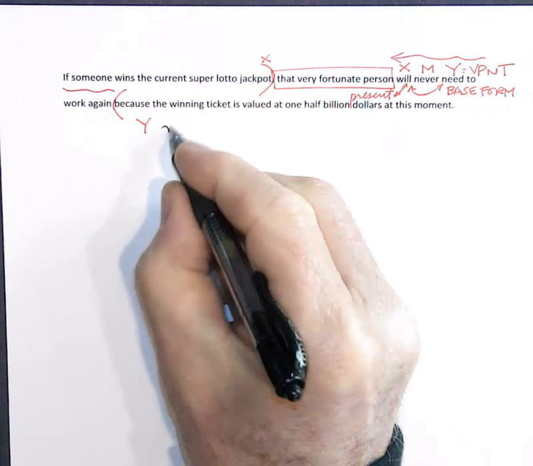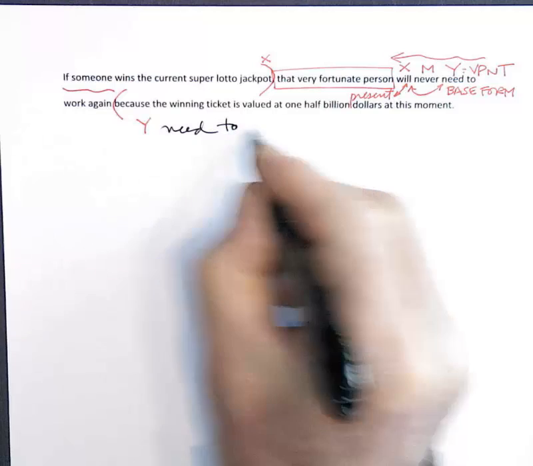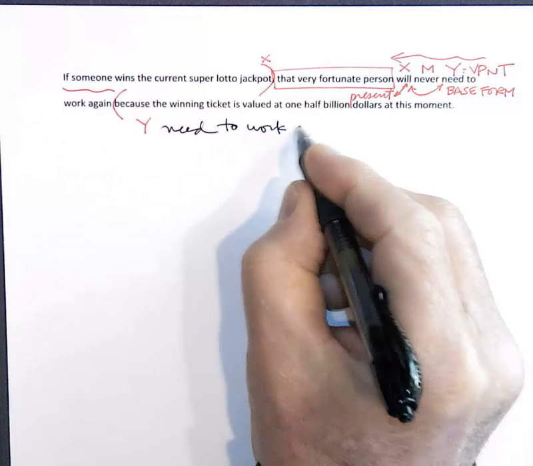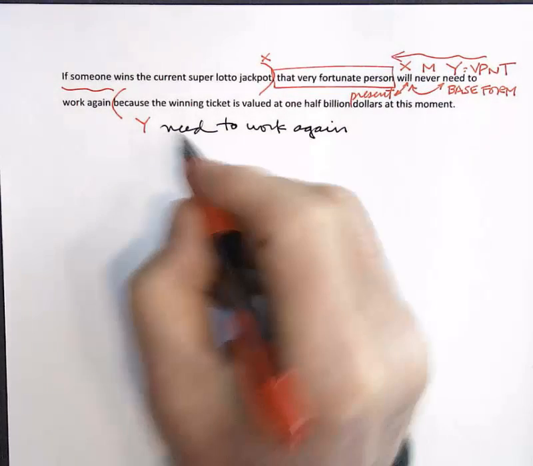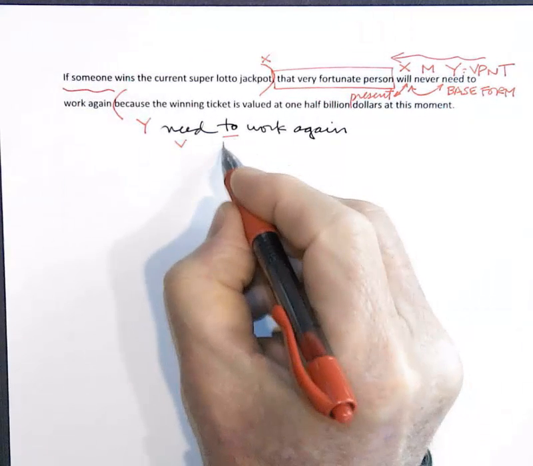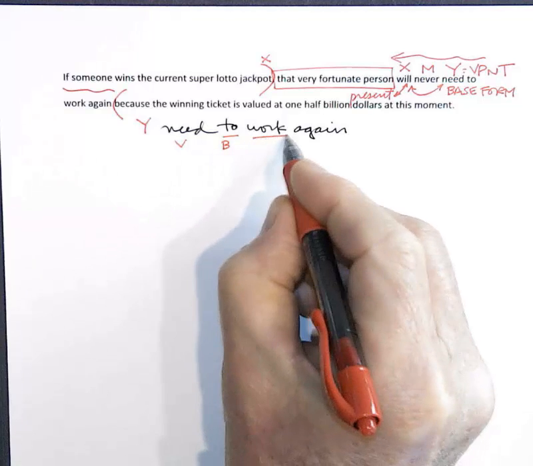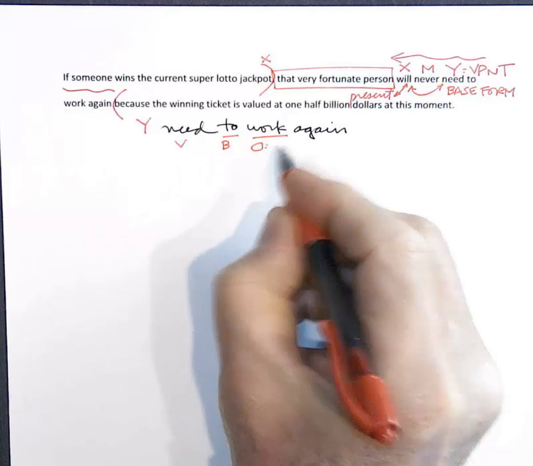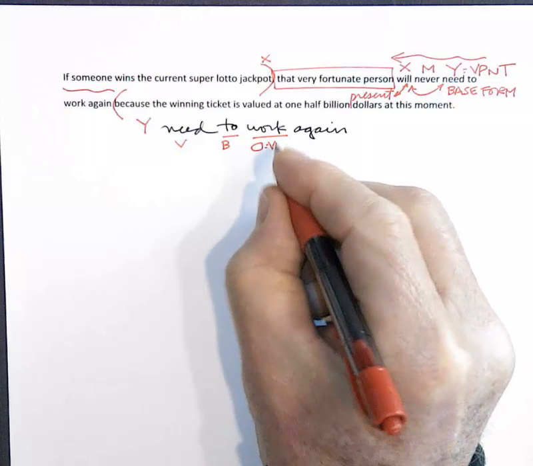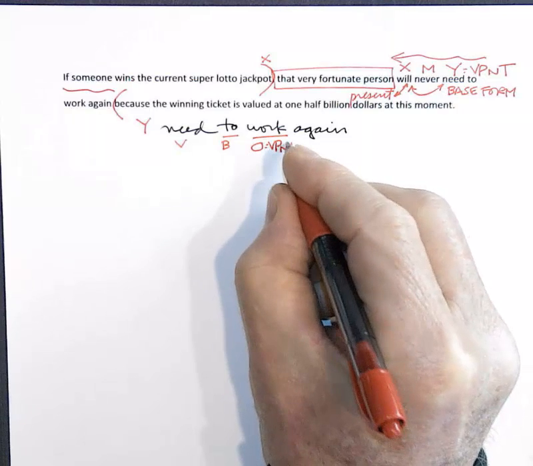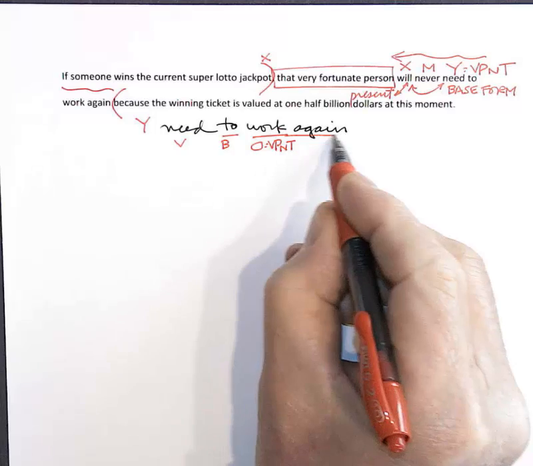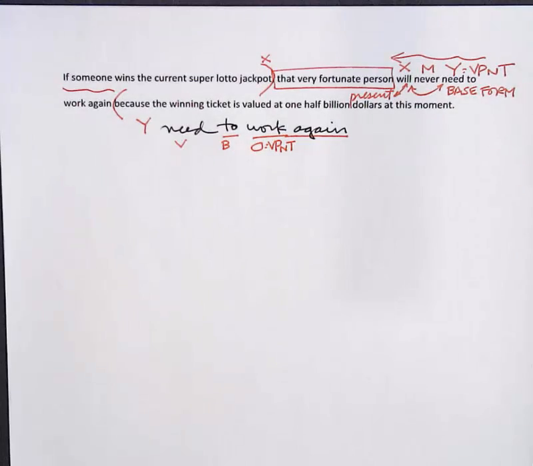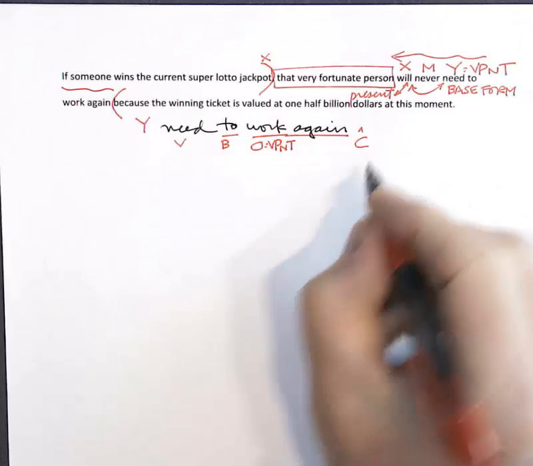Need to work again, need to work again. And we'll find the verb, particle, object, that's a verb phrase, no time. Oh, okay, excuse me, and I'm going to put that together with again, sorry. Complement place is empty.